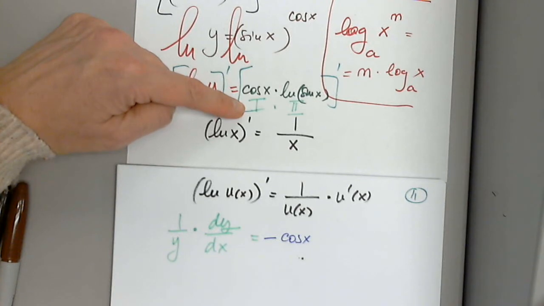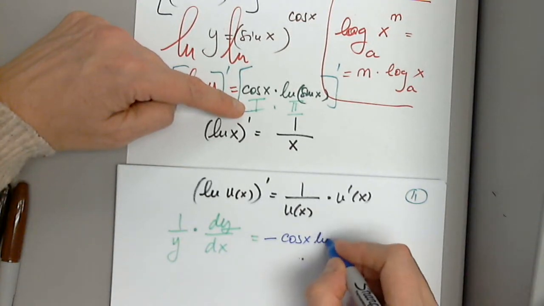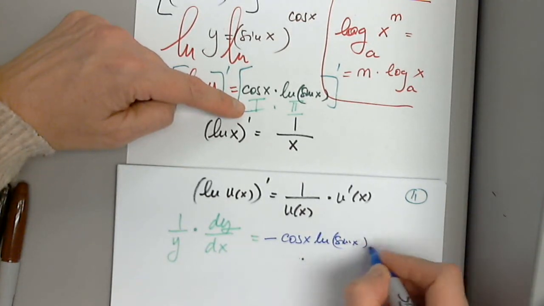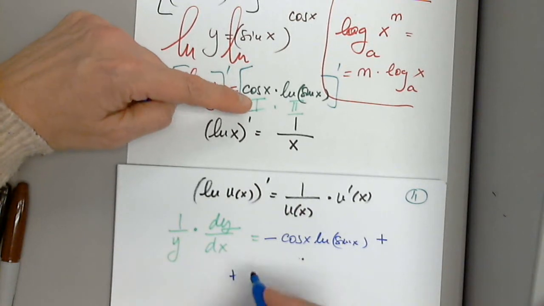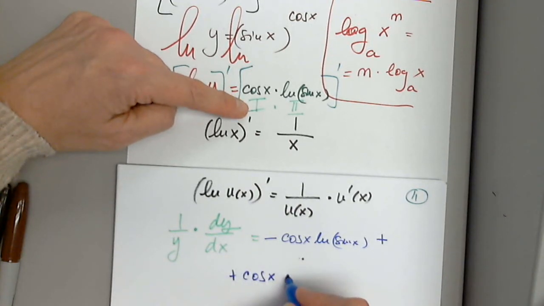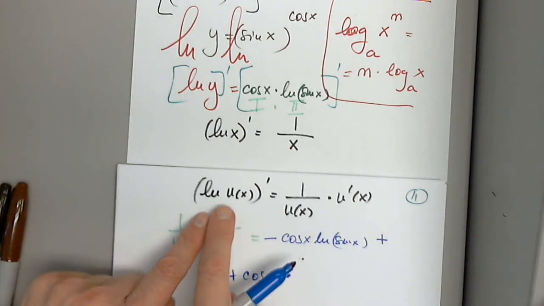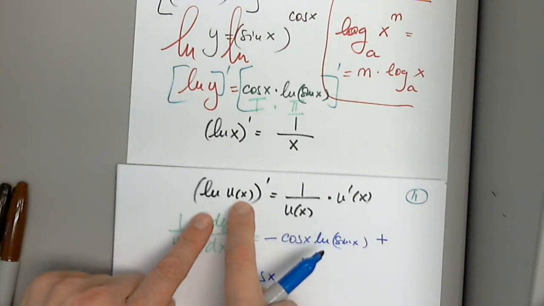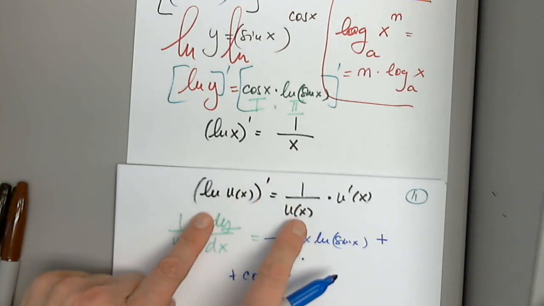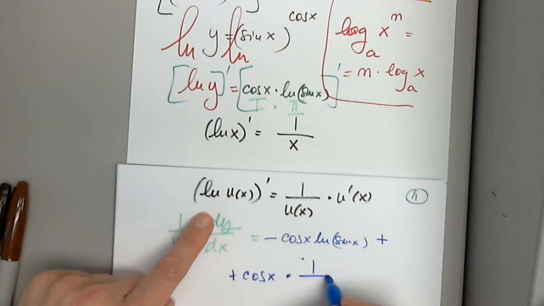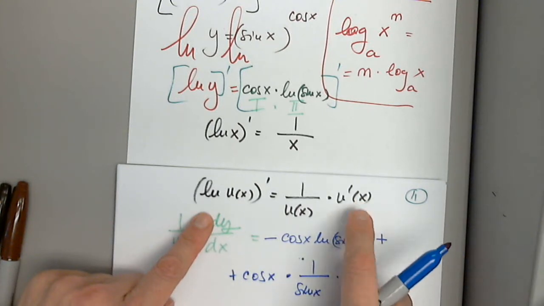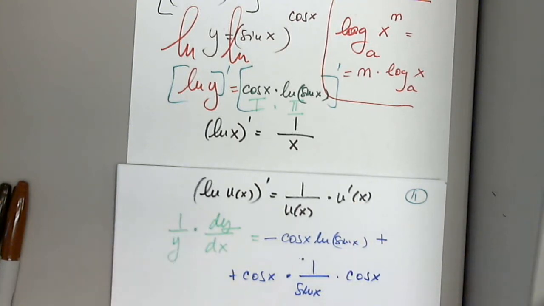The cosine is with positive, okay? Times natural log of sine x plus cosine x times, I have this formula one more time. Natural log of sine x prime will be 1 over sine x times, which is? Very good, cosine x.